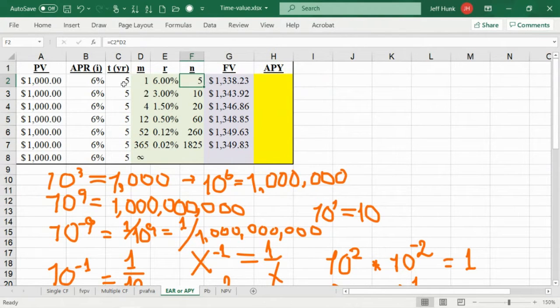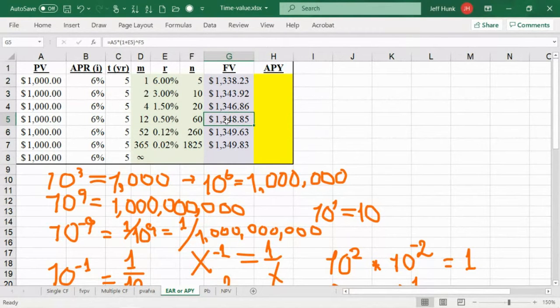But if it is compounded twice a year, this will be the future value. If it is compounded quarterly, or 4 times a year, this is the future value. If 6% is compounded monthly, this will be the future value.